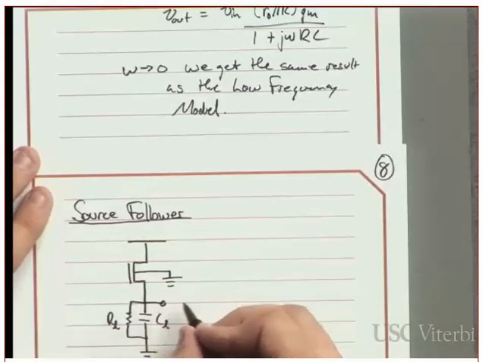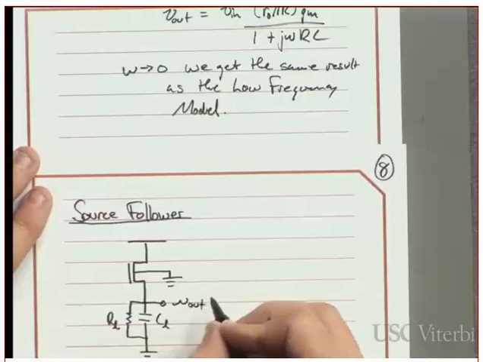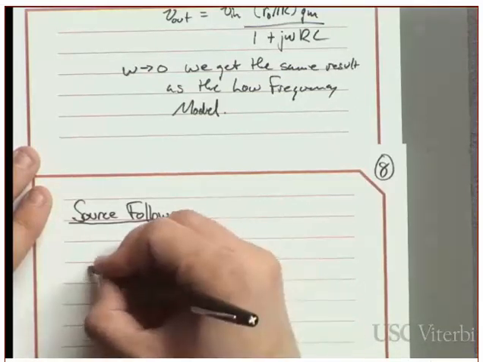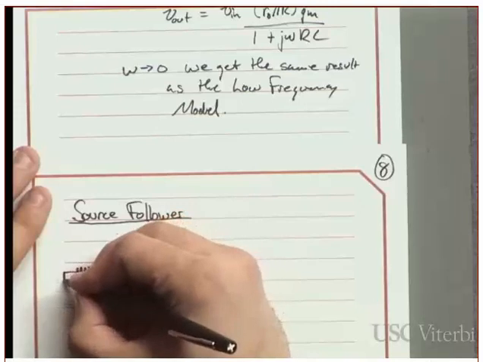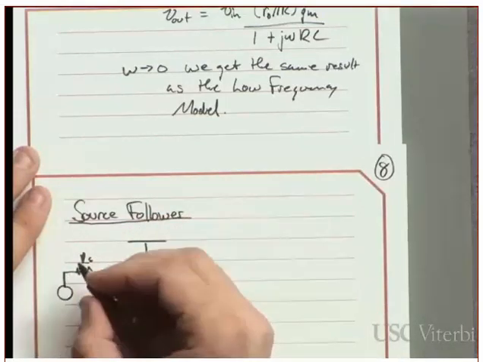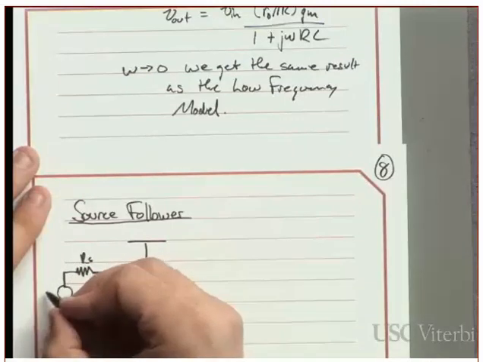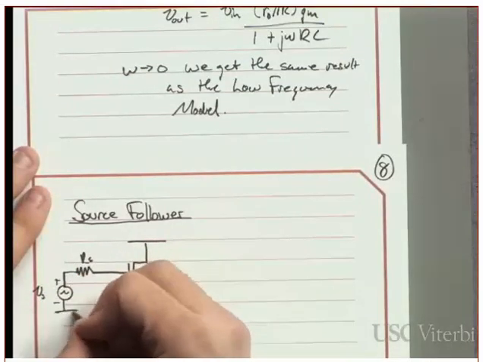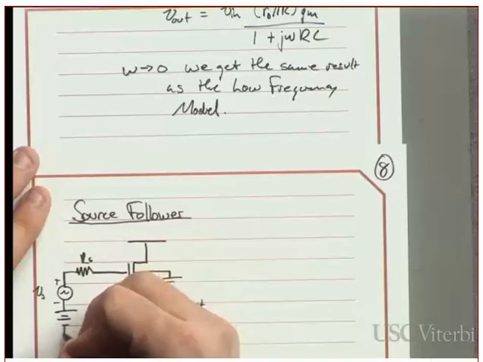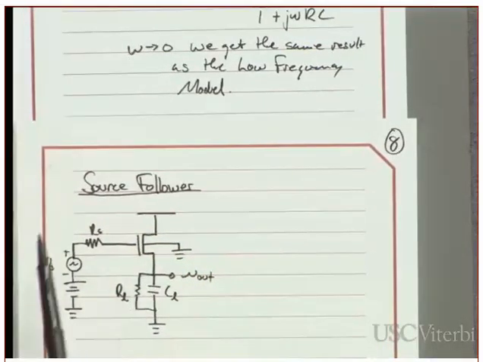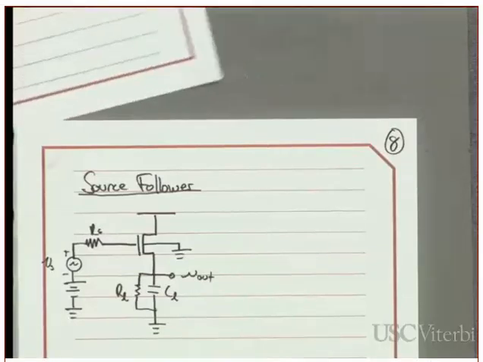So my output voltage is going to be here. And then on the input, I just have a resistor, I'm going to call it the source resistor, and then just like before, I have my signal and my biasing. And I'll talk about this stuff later on, probably next lecture, if I get through all this stuff.